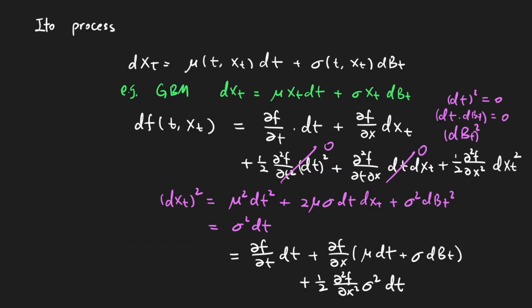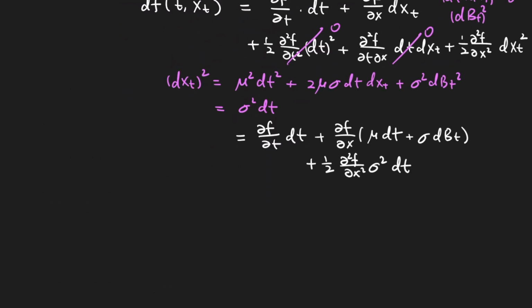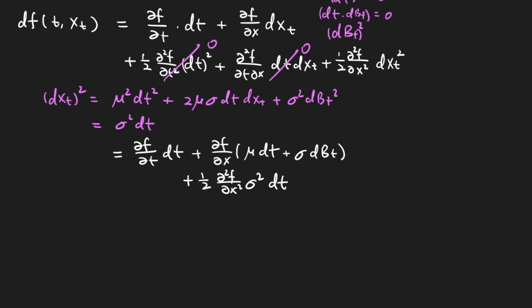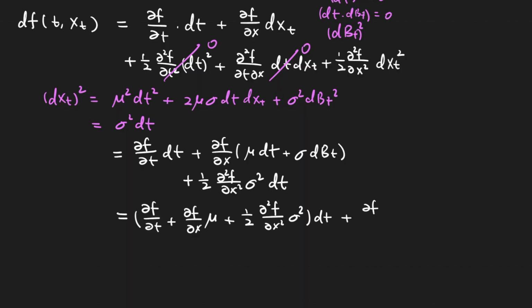Then we can also merge the dt terms and dbt terms. So it's just going to give us partial f partial t plus partial f partial x times mu plus a half the second partial times sigma squared, all times dt, plus partial f partial x times sigma times dbt.